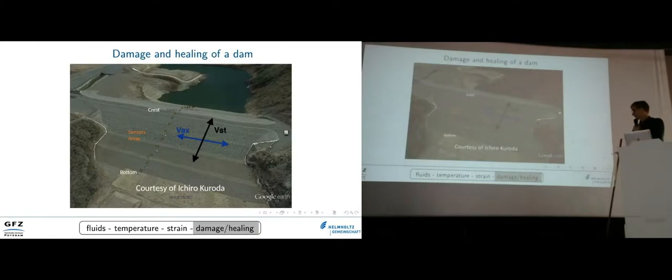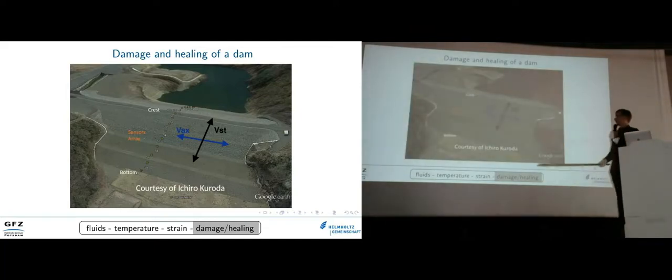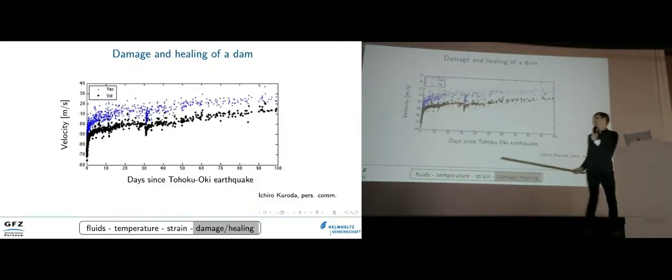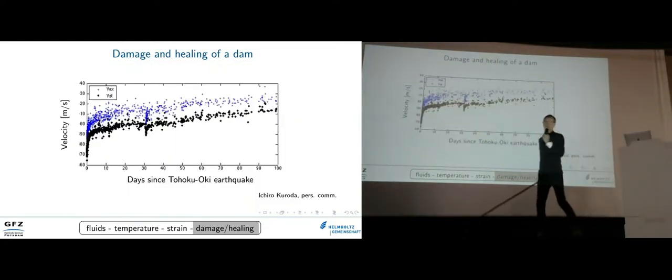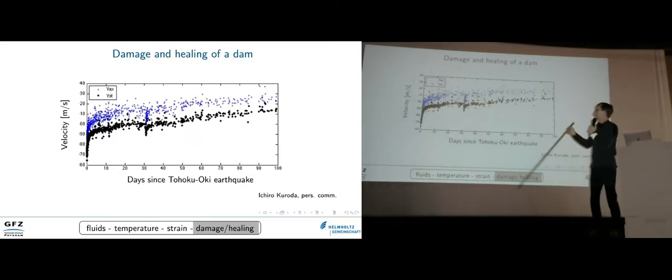This is work by a colleague of Hull, by Coda, who analyzed instrumentation in this dam during the Tohoku earthquake. And what he saw is a decrease in the velocity in this dam, which is pretty significant, and then a recovery.